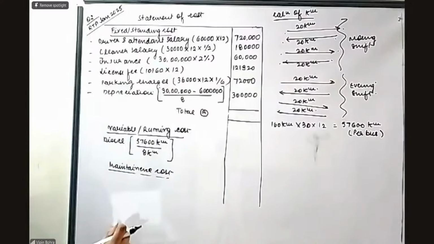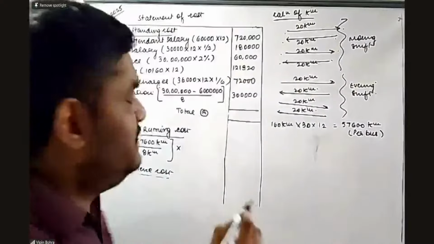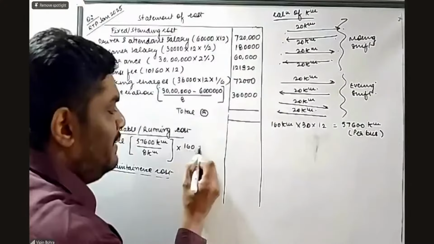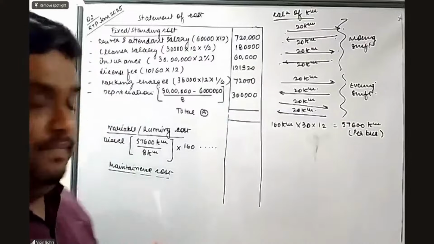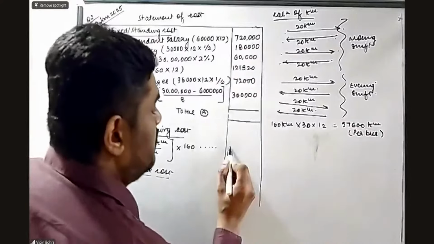So we will get the quantity of diesel, and if we multiply it with the rate of diesel, that is 160 rupees per liter, we'll get the total cost of the diesel. So this will be 11,52,000.